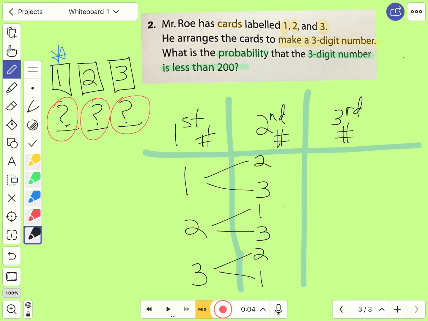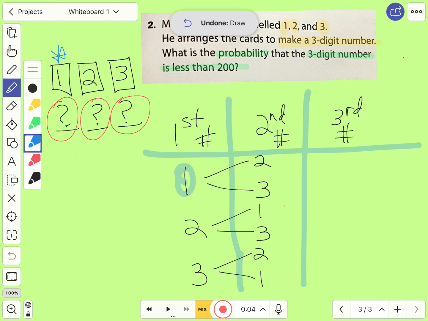All right, now let's go to the third number. If my first card is 1, follow the branch, and my second card is a 2, what is my third card going to be? Well, there's only one left.